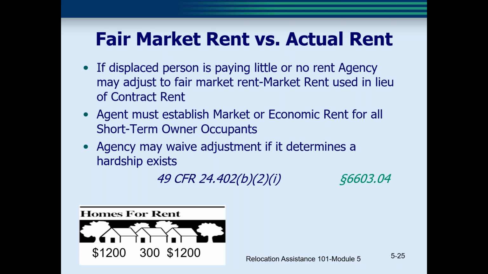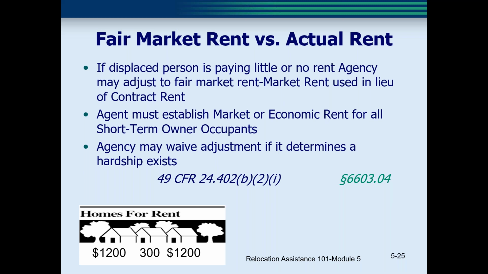You need to know this because your displacee may be paying below market, or they may be paying no rent. This comes up when a tenant may be related to or maybe a friend of the landlord, and they may not be paying market rent.